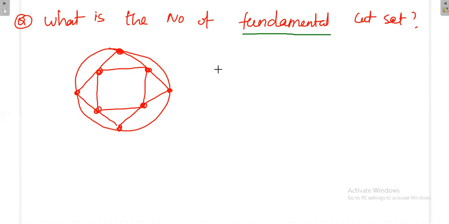Can anybody tell me the answer for this one? How many fundamental cut sets are there? Fundamental cut set, not simply cut set. Is there any formula to calculate the number of fundamental cut sets? I think we discussed it in the last class.